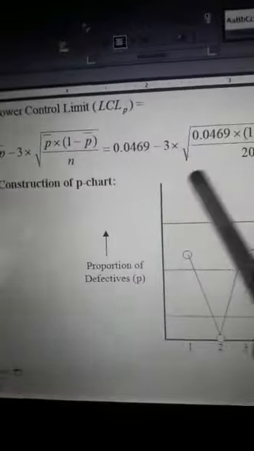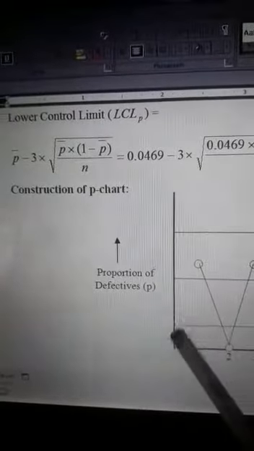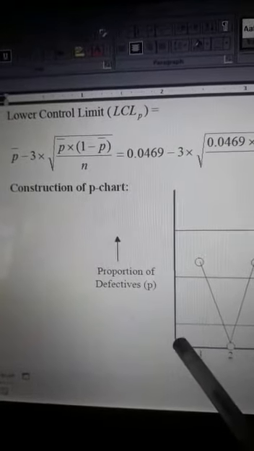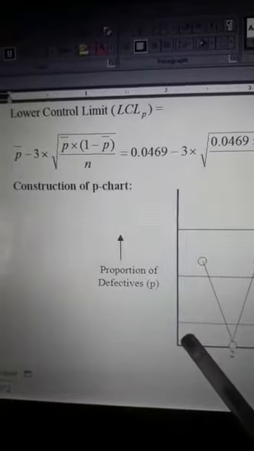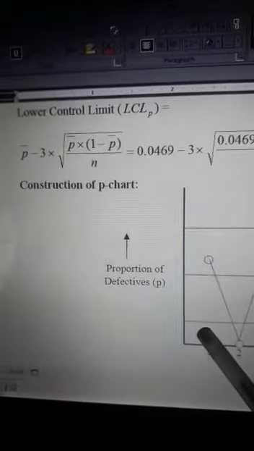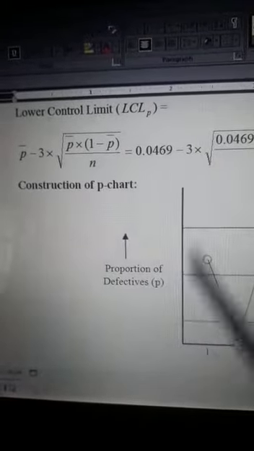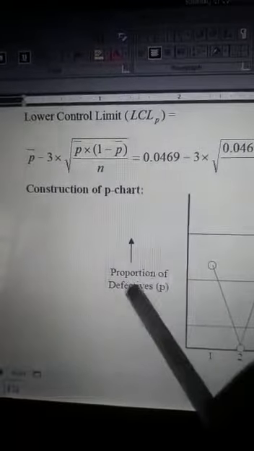Next, using these values, we will be constructing a p chart. See, the name of the y-axis will be basically the name of the control chart, and this is true for any type of control chart.